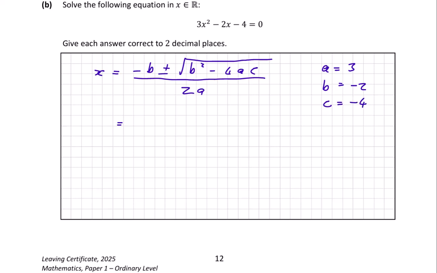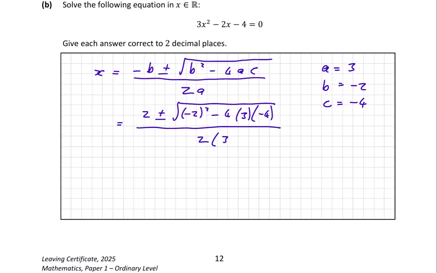Let's put those in. We've got minus b. Well, minus 2 is plus 2. Plus or minus the square root of minus 2 squared minus 4 times a, which is 3, times c, which is minus 4. And that's all over twice 3. So let's do all this then. Let's just do what's underneath the square root symbol first. But actually I'll do the denominator first. 2 3s are 6.